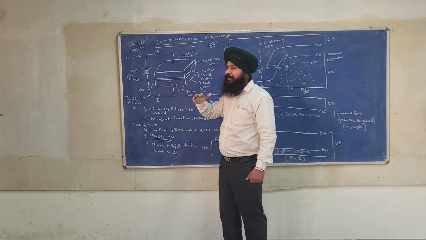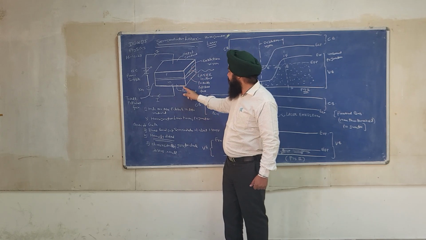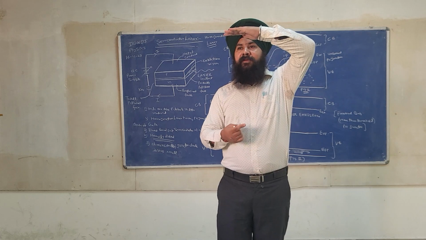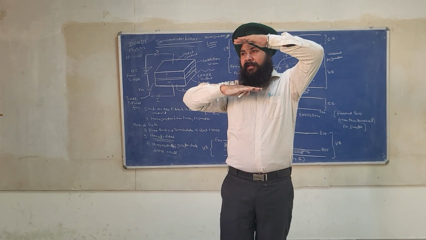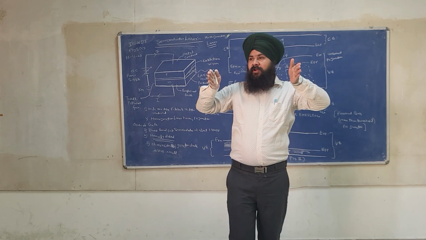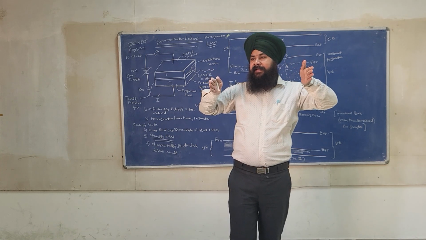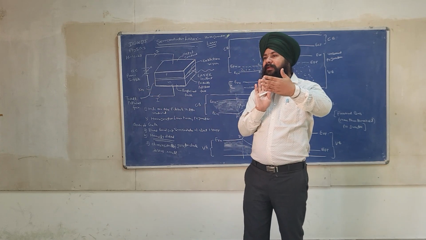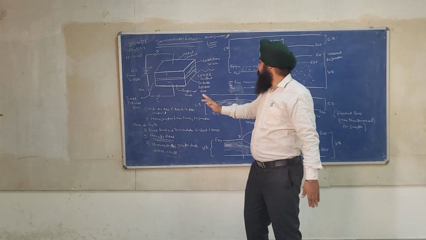We have left the front and rear, and these are the roughened faces. In this way we have covered the 6 faces. These two faces are metal contacts, one is a totally reflecting mirror, another is a partially reflecting mirror, and the rest of the two faces are roughened faces.